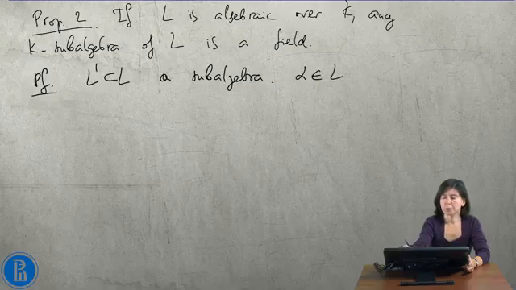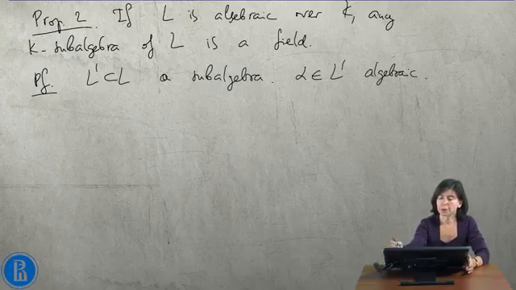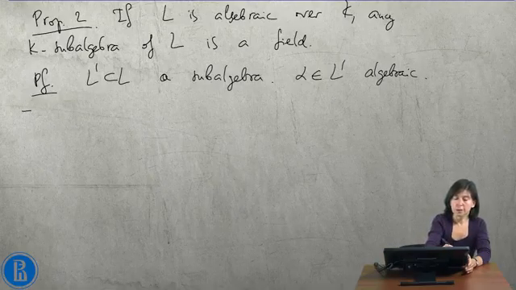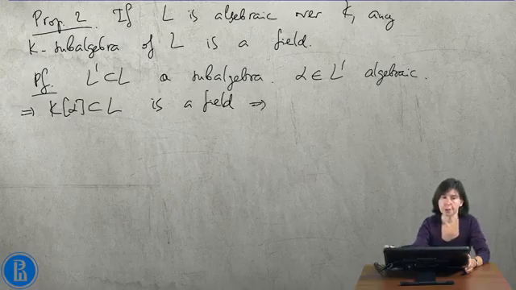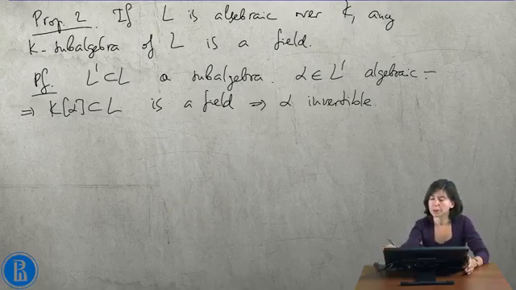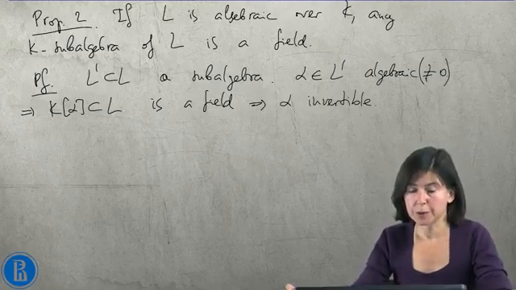Fix an alpha in L prime. I have to show that it's invertible. Well, I know it's algebraic. And then I know that K of alpha, which is also a subalgebra of L, is a field. And then I know that alpha is invertible. And since I can do it for any alpha different from 0, it follows from this that L prime is a field.